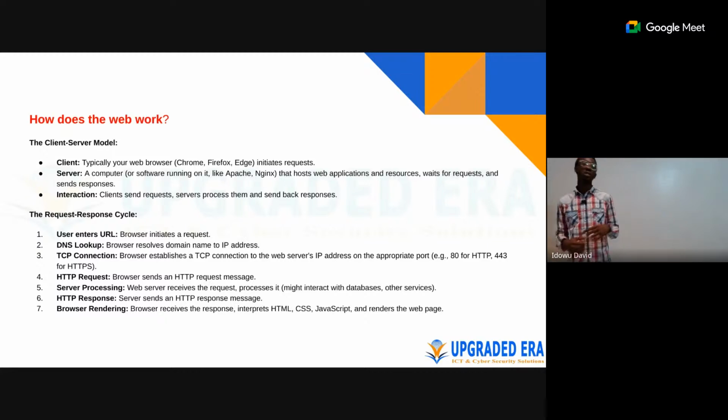So the client initiates a request, the server waits for the requests and sends responses. The client says, take me to tab 2. The server receives the request to go to tab 2 and responds back, client to tab 2. So it means there's a form of connection and relationship between the client and the server.